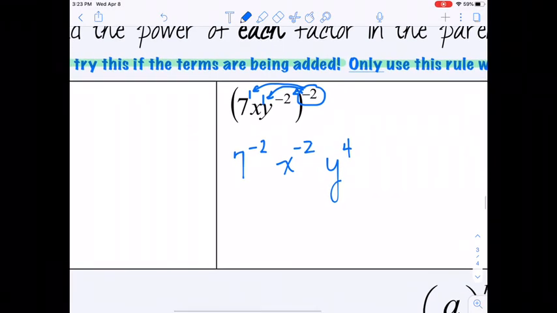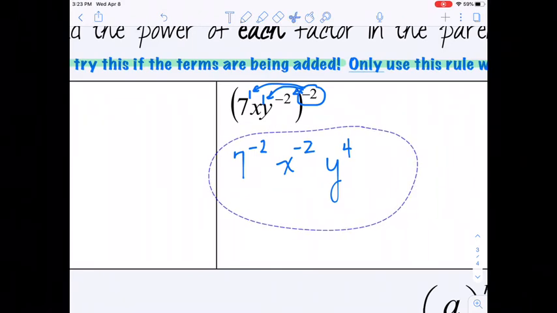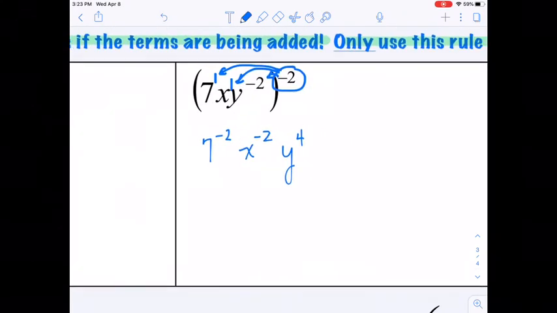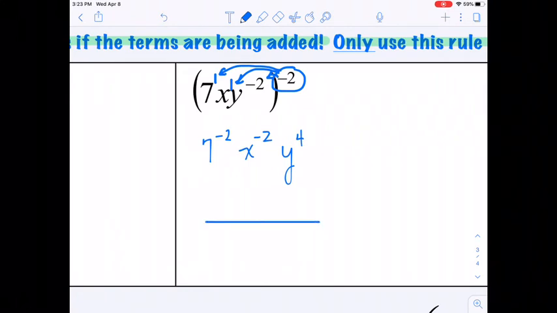We still need to simplify that. So 7 to the negative 2, I'm going to put that in the denominator and make it a positive 2. x to the negative 2, again, I'm going to move that to the denominator, make it a positive 2. y is to the 4th, so it can stay in the numerator.